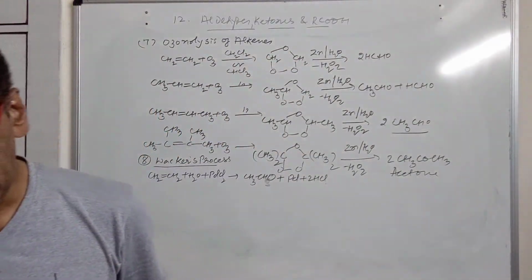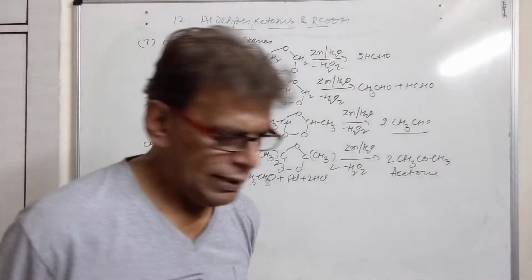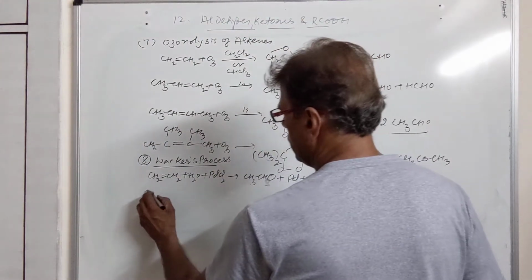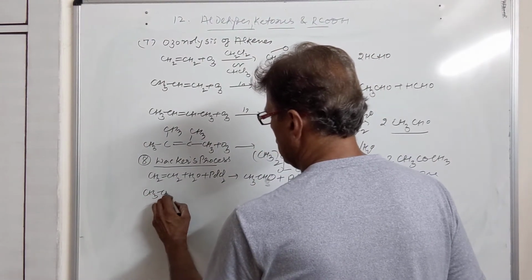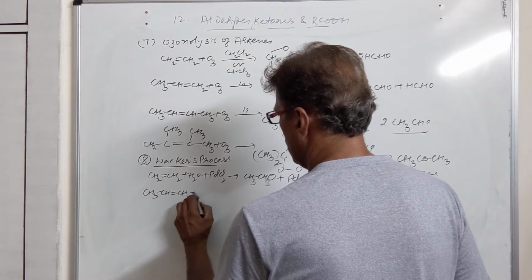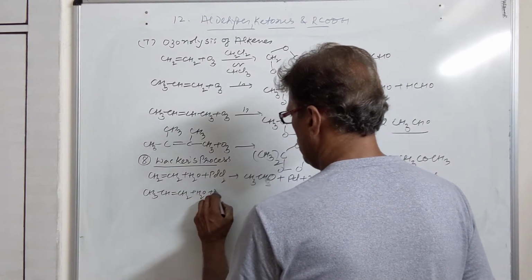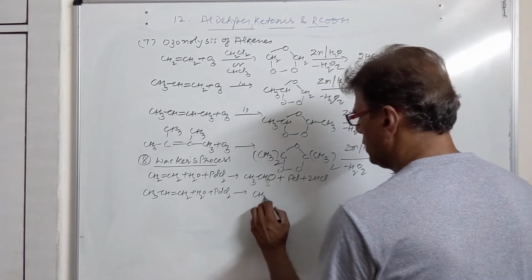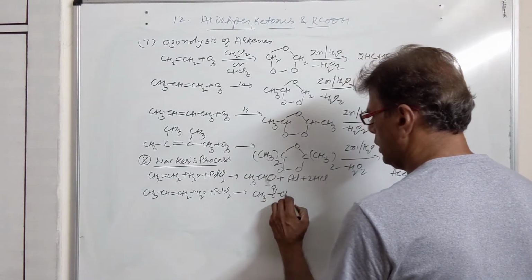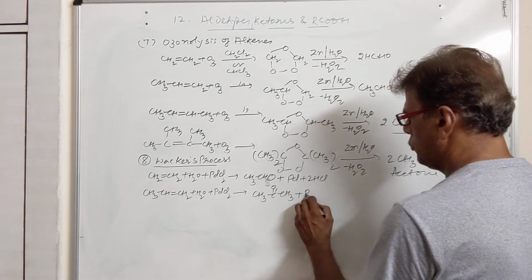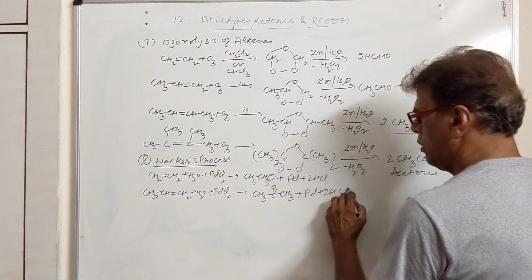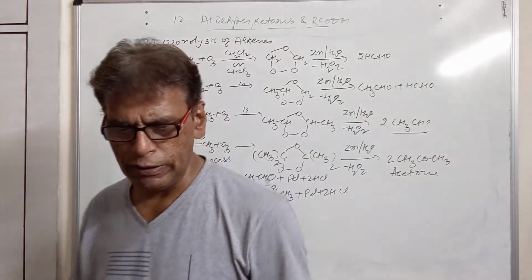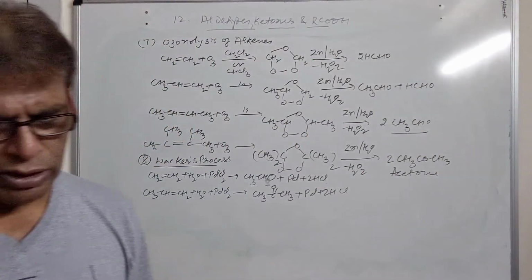And if we take propylene, we can get acetone from this. CH3CH=CH2 added water in the presence of palladium dichloride. We get CH3COCH3, this is acetone, plus Pd plus 2HCl. This is Wacker's process. Then we have the Rosenmund reaction.